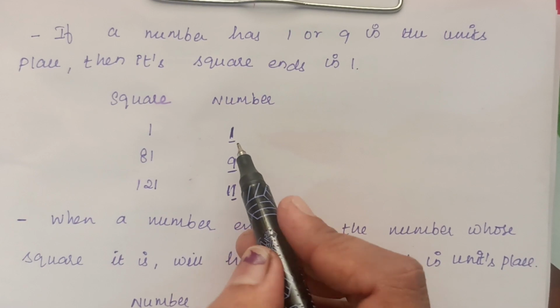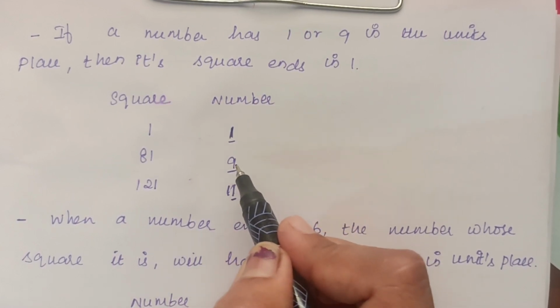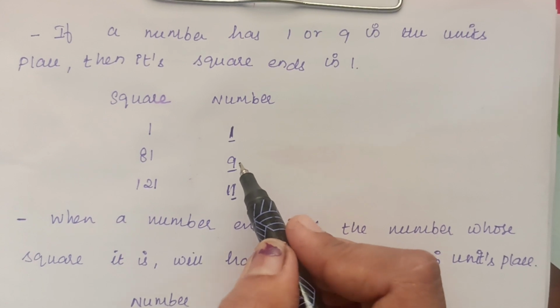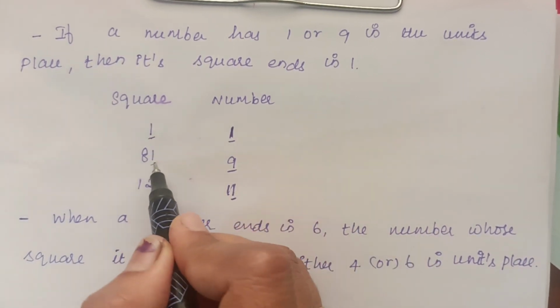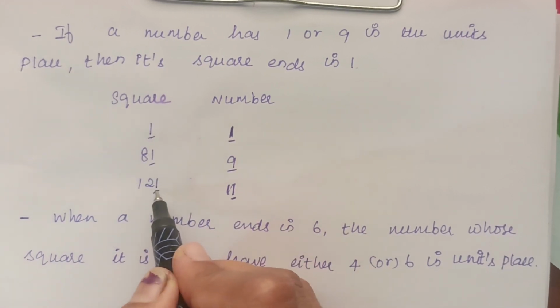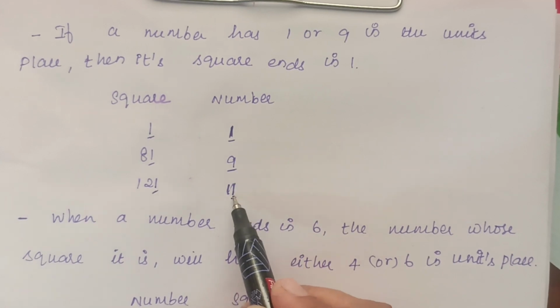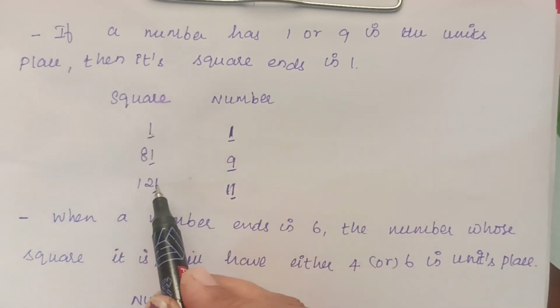If the unit digit of a number is 1 or 9, then its square number ends with 1. See, all the square numbers are ending with 1. So if a number has 1 or 9 in the units place, then its square number ends with 1.